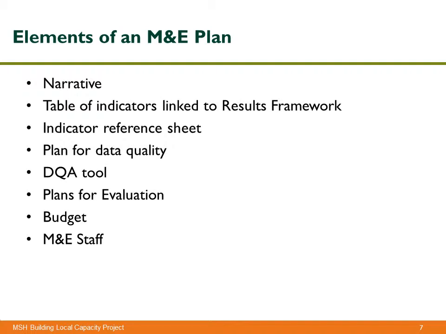From the outset, there needs to be a plan for the assurance and assessment of data quality, included along with a tool for assessing data quality, as well as a plan for when and how program evaluation will be carried out. It is also important for the plan to articulate all the staff who are involved in M&E, both internal and external, as well as what their roles are.